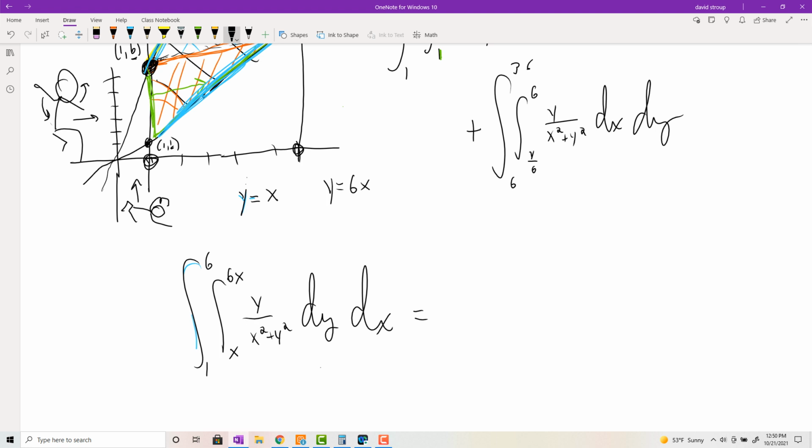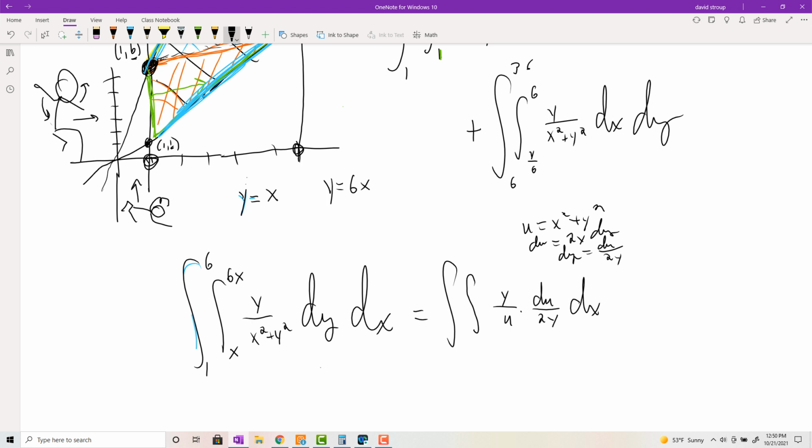And then we want to evaluate that integral. So with respect to y, you could do a u-substitution. So u is x squared plus y squared. du with respect to y is going to be 2y dy. And that will give you dy equals du over 2y. So my integral becomes y all over u times dy, which is du all over 2y, times dx.